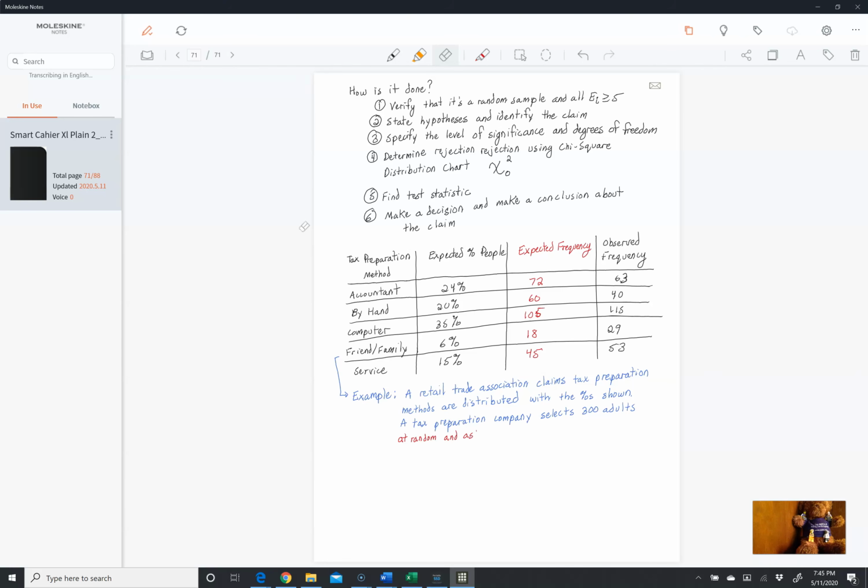And it asks how they prepare their taxes. Okay, now the results are the observed frequencies. The results from the sample are always the observed frequencies.